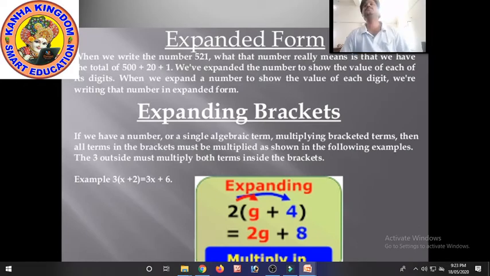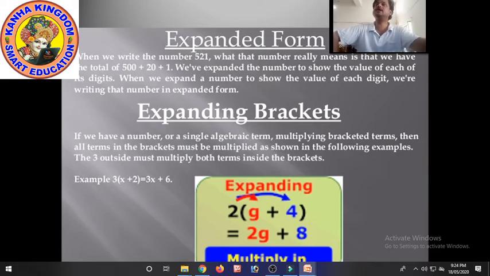So students, start with the first topic, that is expanded form. As the name suggests, expanded means you have to explain or expand everything in a wide manner.